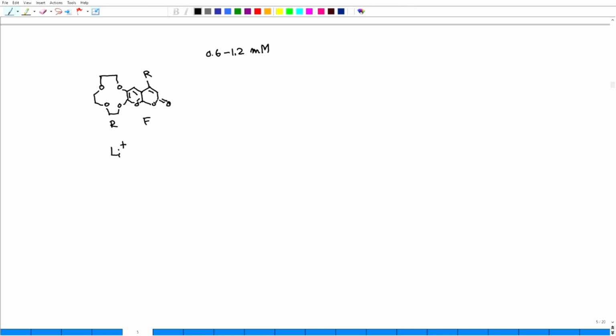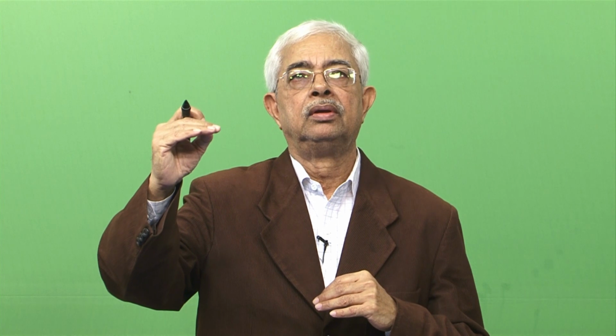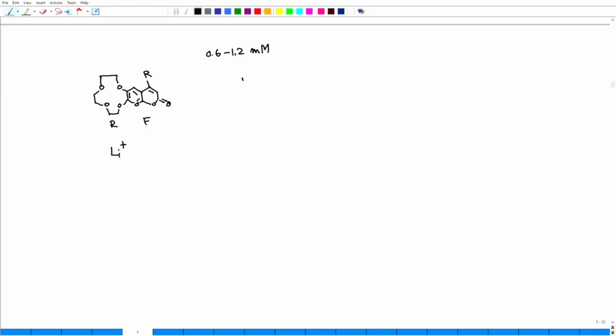And how do you know the concentration? Concentration we know from the intensity of the emission. We can draw a picture maybe like this.